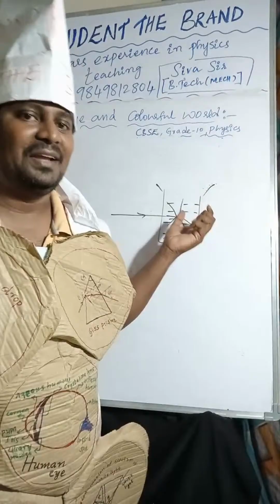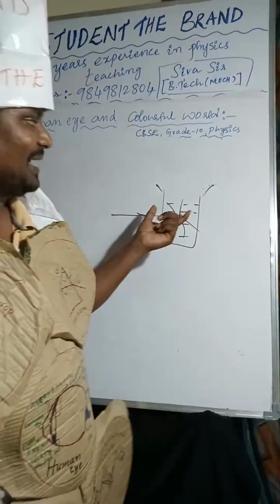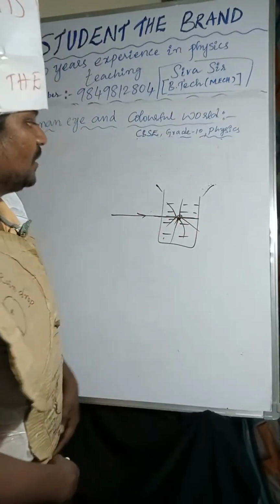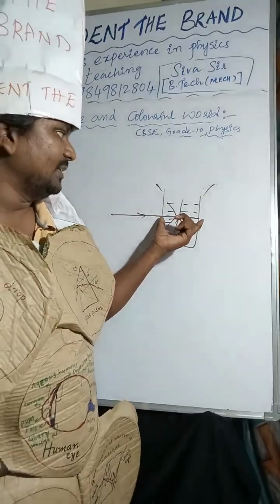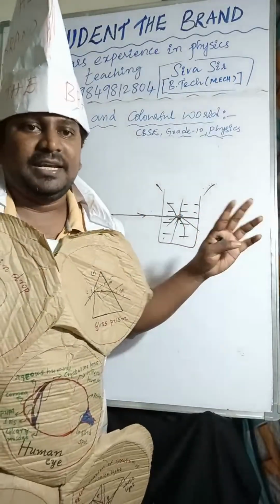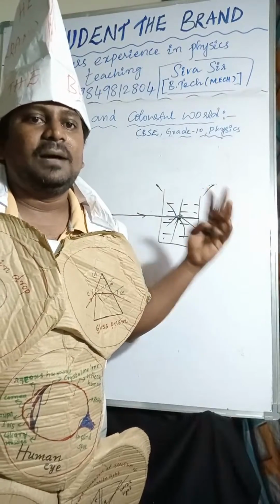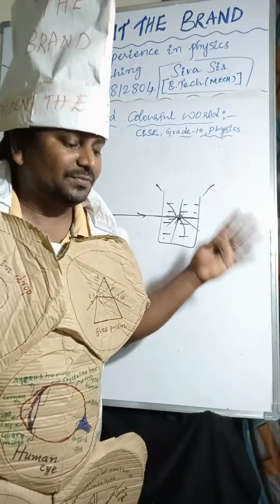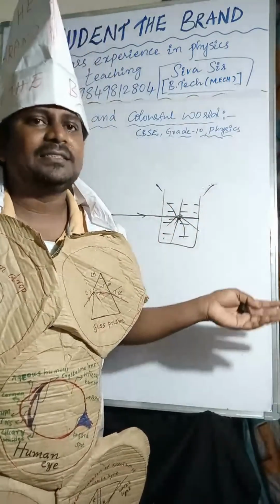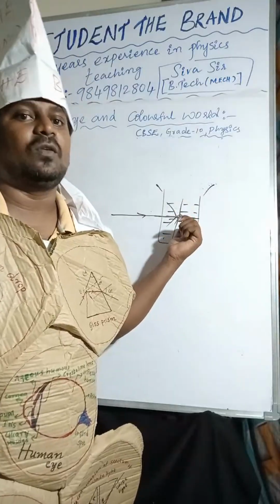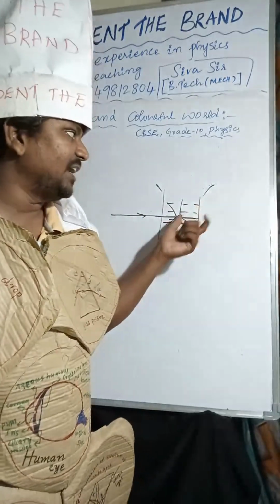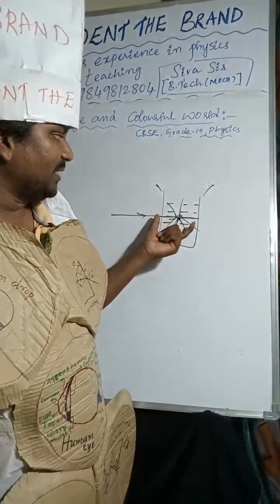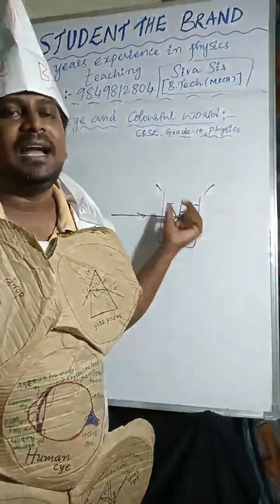At this position, from here to here, the path appears very clear, because scattering of light takes place by the colloidal particles, the colloidal solution. That's why at this position the path of the light becomes visible.